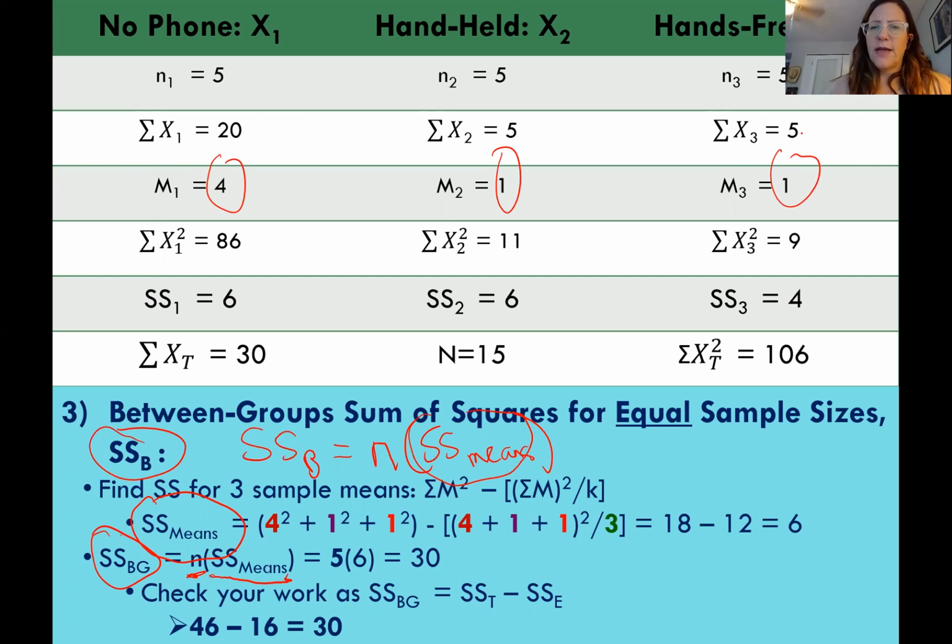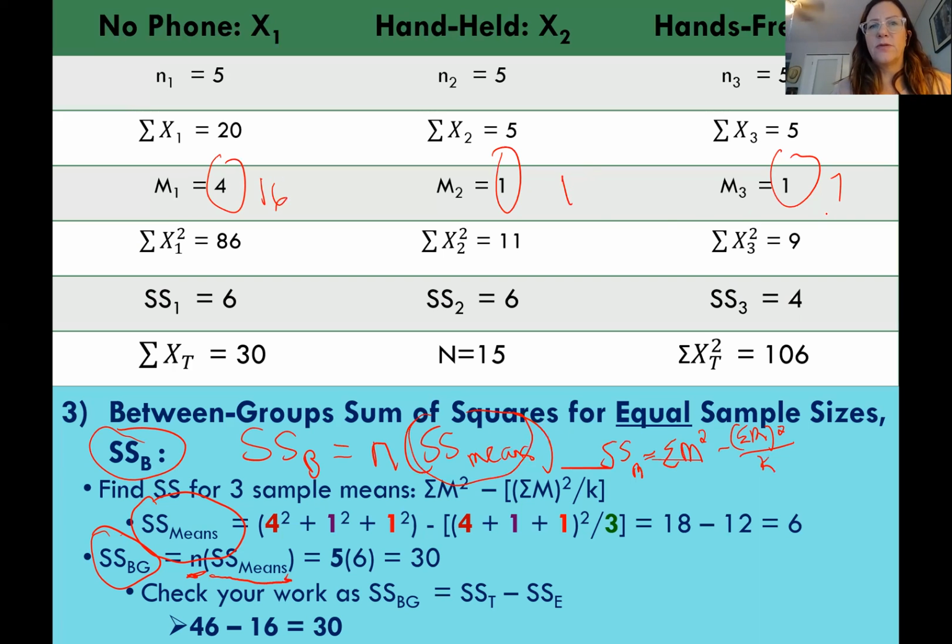So if I look at sums of square means, it's basically the sum of M squared minus the sum of M total squared divided by k. So I'm going to take each one of these and square them. So 16, 1, and 1.